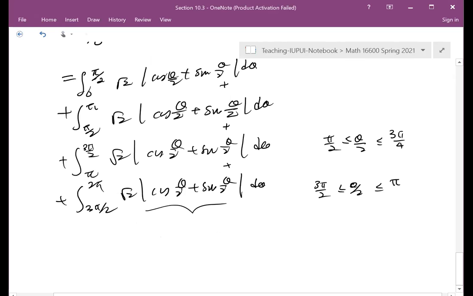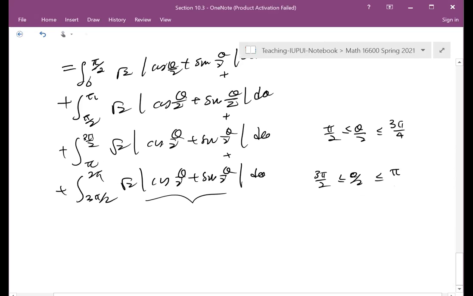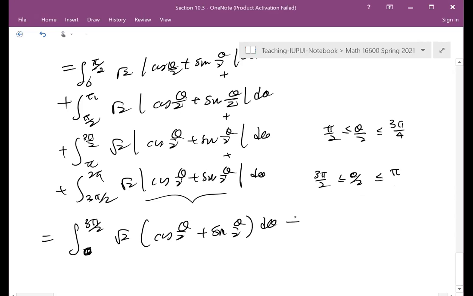So you don't worry about the rest of them. Okay, so what I'm going to do is put it together again. This is from 0 to 3 pi over 2, square root 2, I just write this, and then I have to put a negative sign in front of that.